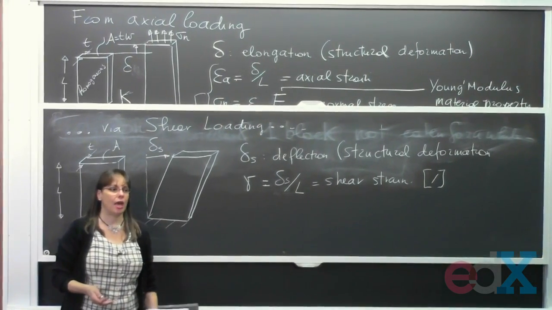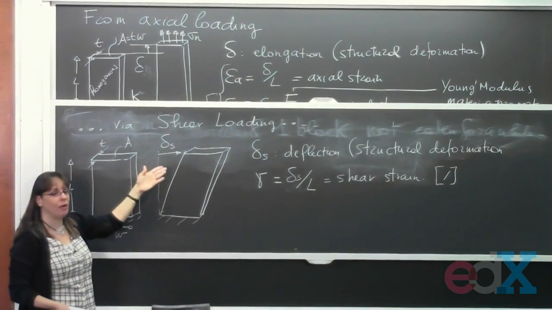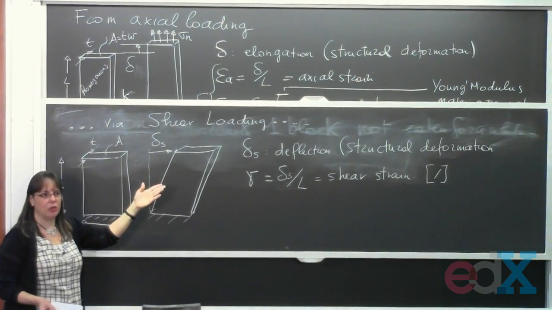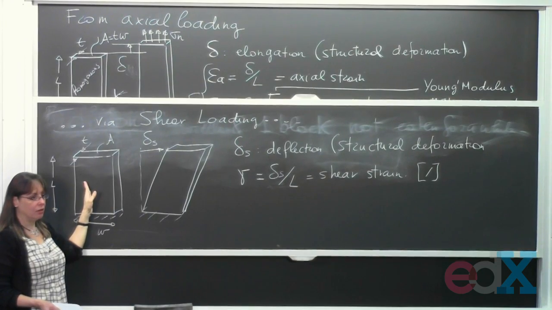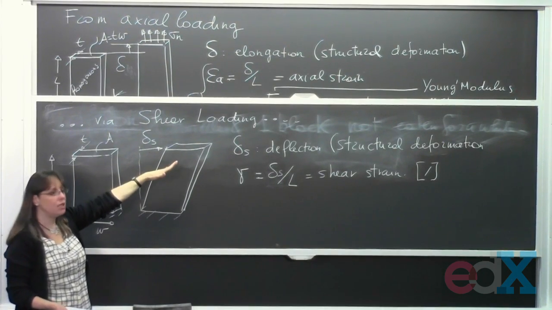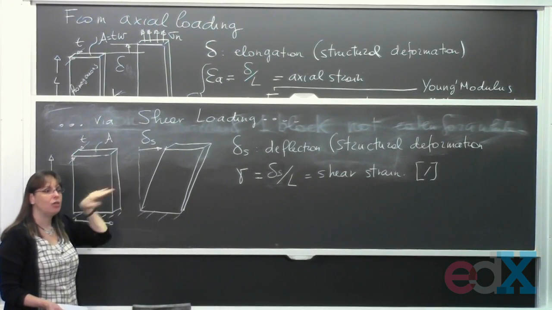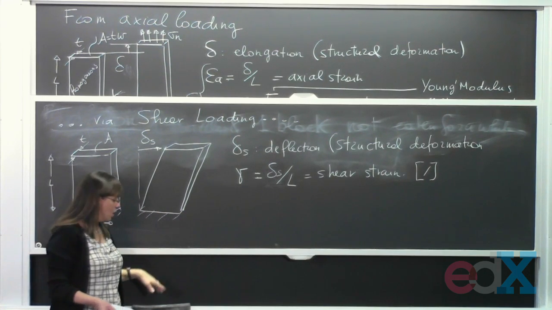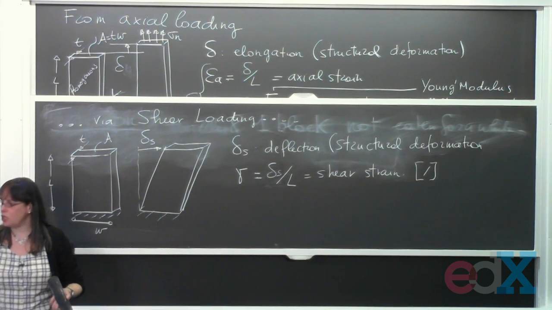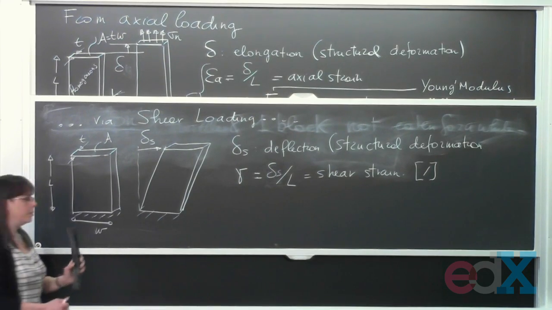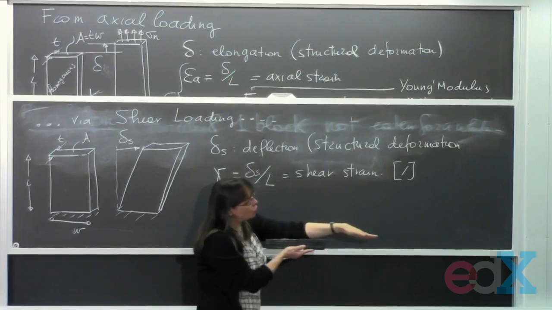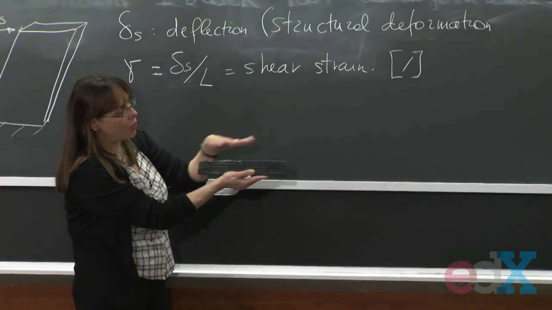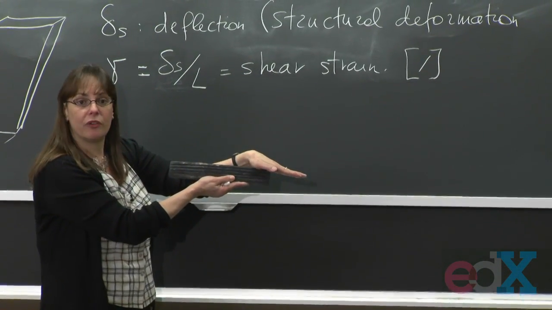Now, you can imagine that this does not just happen because the bar feels like doing that on its own. The bar was totally happy like that. If all of a sudden it starts deforming like that, it's because something is forcing it to deform. So what is causing the structure to deform that way? If the bar is like this and I want the top to shear that way, I need to do something to the surface, right?